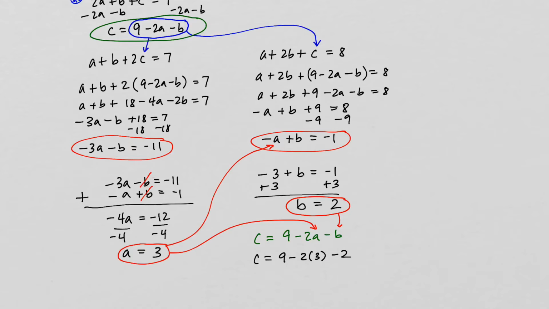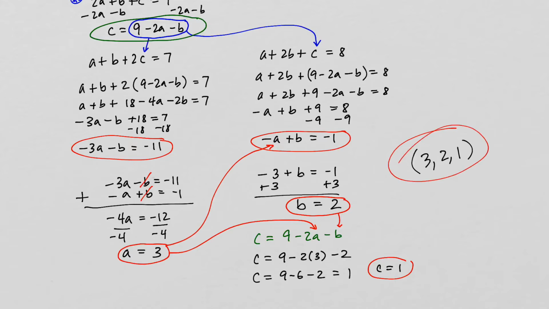So if I go ahead and make those substitutions, we end up getting c is equal to 1. And we put those together. Our answer, remember, is A, B, C. And this is our solution.